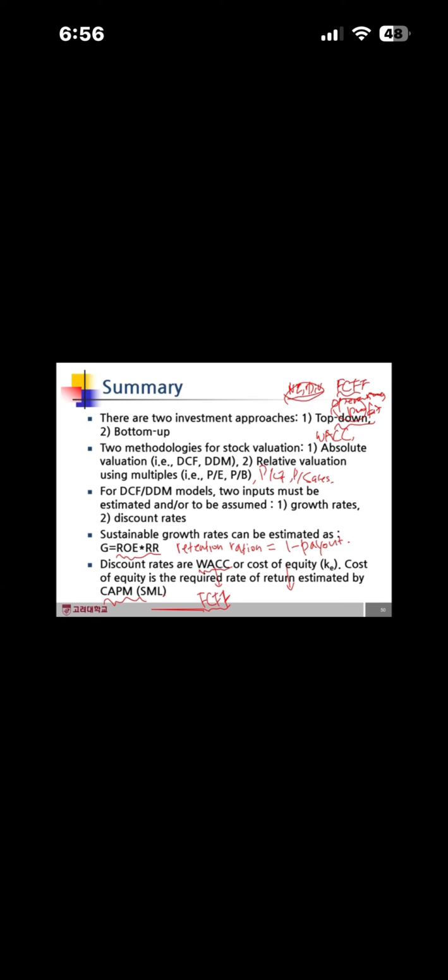And lastly, the free cash flow to the firm is a cash flow measure of earnings, because accounting earnings has some non-cash expenses or non-cash revenues, so we adjust to measure the exact cash flow of the firm.